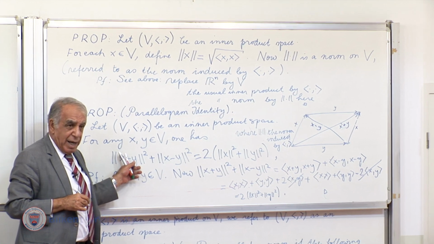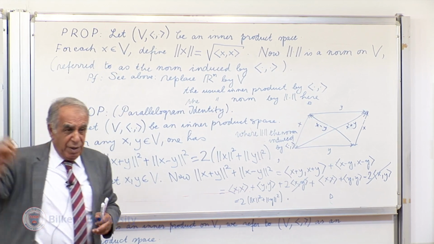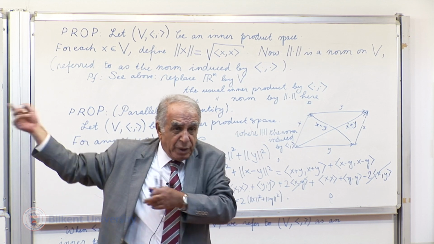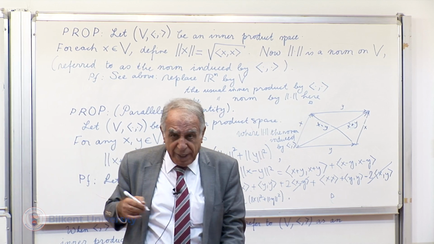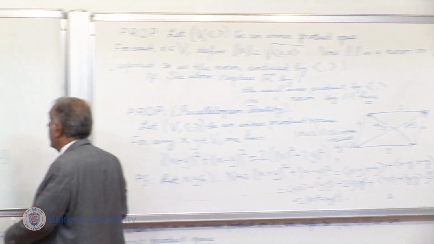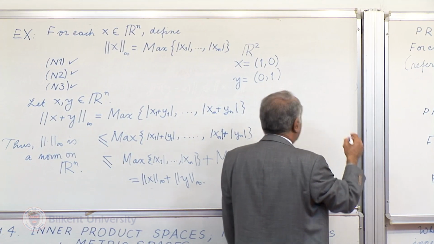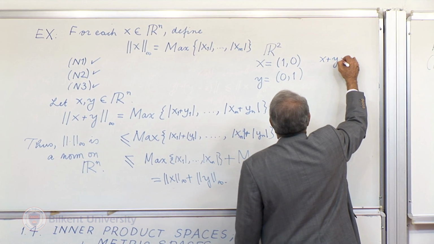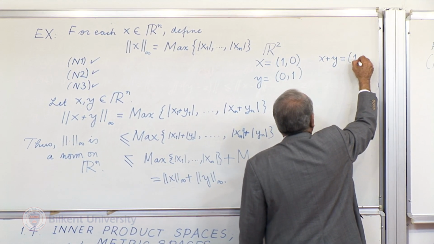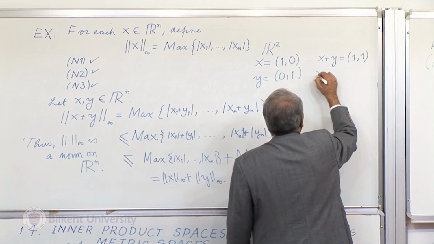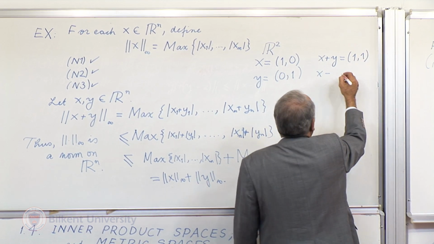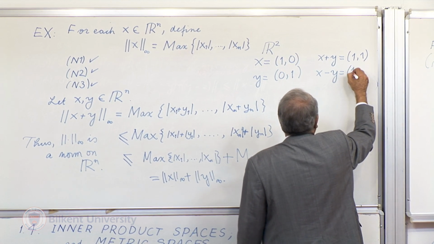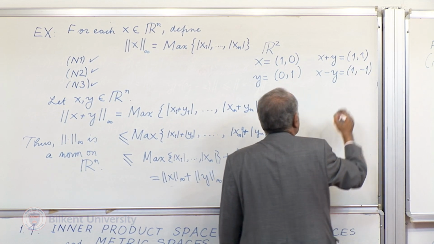But if that's the case, then there is no inner product inducing this norm. Because if that were the case, then this norm would satisfy the parallelogram identity. Now, x plus y is equal to (1, 1). Then x minus y will be (1, -1).